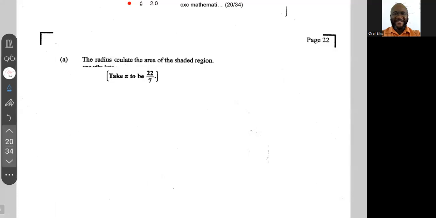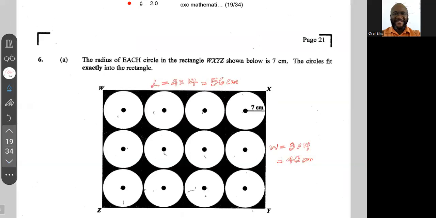Next, we're asked to calculate the area of the shaded region. The shaded region is the area of the rectangle minus the area of the 12 circles. So if you take the 12 circles out of the rectangle, what will be left is the shaded region.